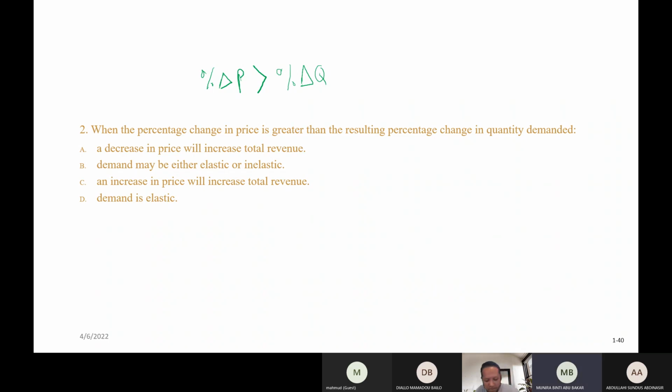Because if the price changes, the quantity will. So here in this case, price changes a lot, but quantity doesn't change much. Oh, okay.